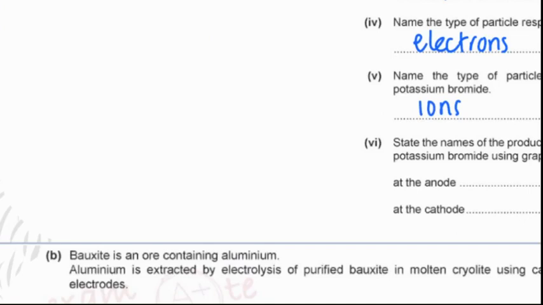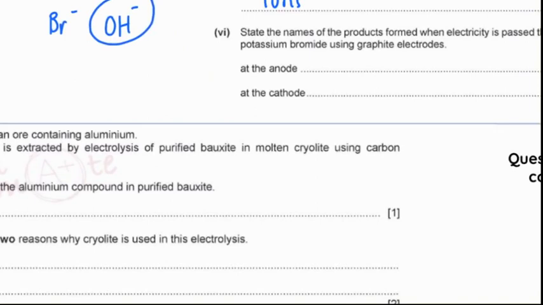But if in this case we've got a dilute substance, then it's a battle between the bromide ions and the OH minus ions from the water. Now, because it's only dilute, the OH minus ions are going to form, and we're going to end up with oxygen at the anode instead. So it will be oxygen here instead of the halide.